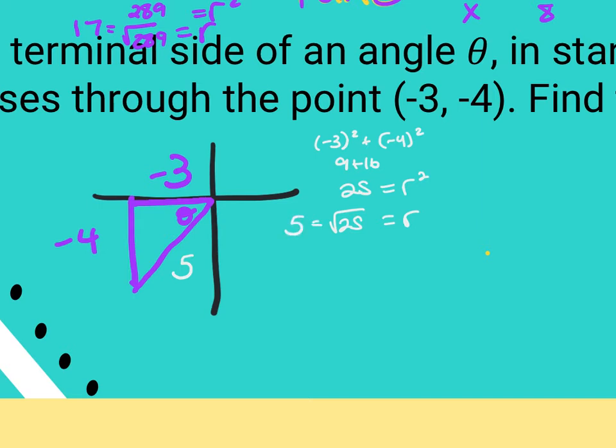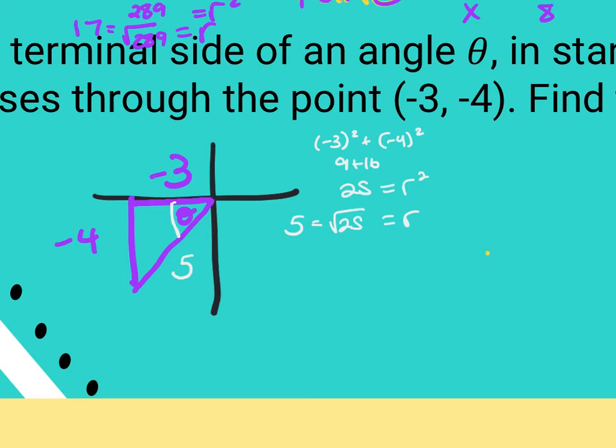Question. You said you always put the symbol. It's a theta. Theta is always the angle closest to the x-axis. I mean, it's the terminal side to the x-axis. So closest to the origin?